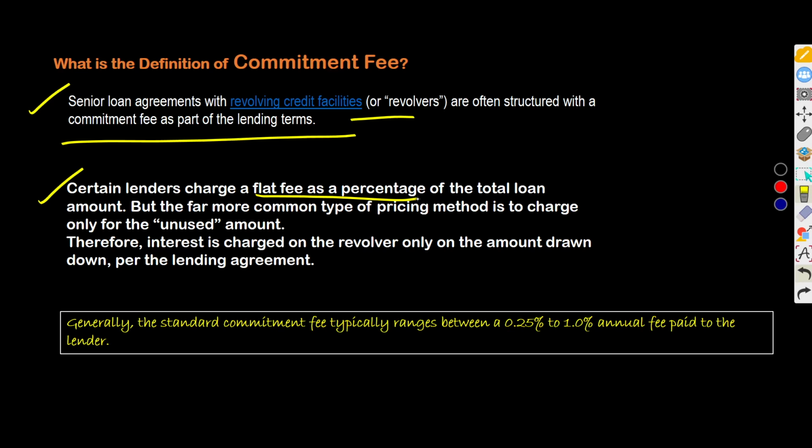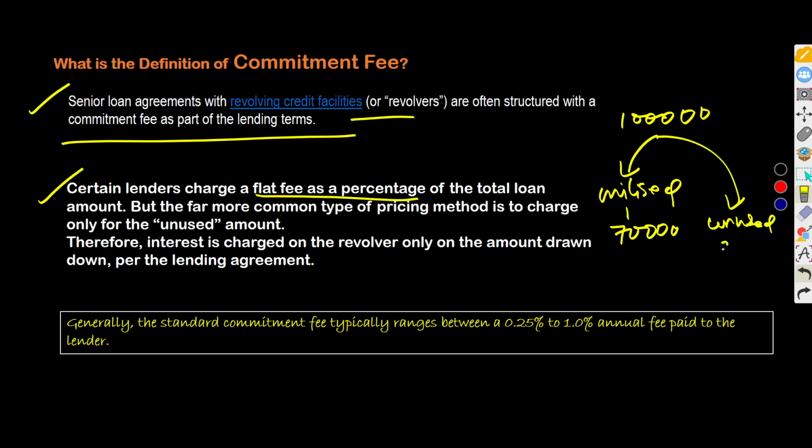But the far more common pricing method is to charge only for the unused amount. Unused means, as I said, if the total facility is such that the utilized amount is let's say 70,000 and unused is 30,000, then you pay commitment fees on the unused amount, because on the used amount interest payment will be charged.